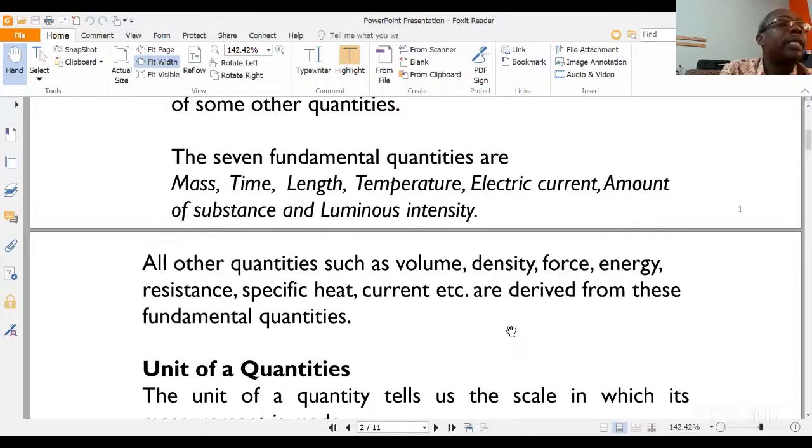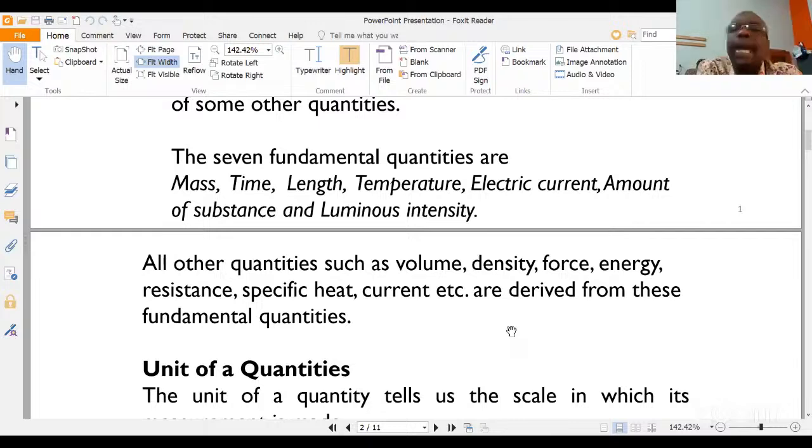Why is density, a derived quantity, not listed as fundamental? What makes force unqualified to be grouped among the fundamental quantities? And what is it that energy lacks that screens it out from the list of fundamental? Let's look at that one after the other.